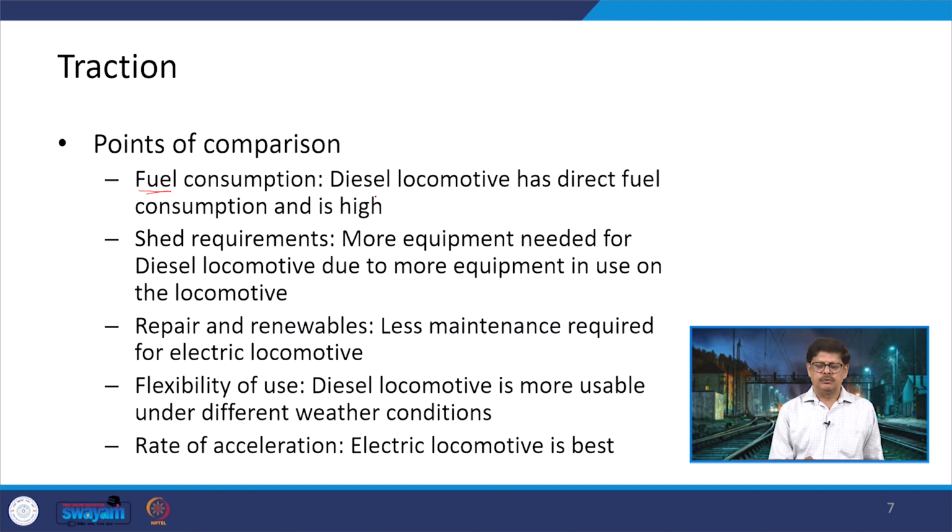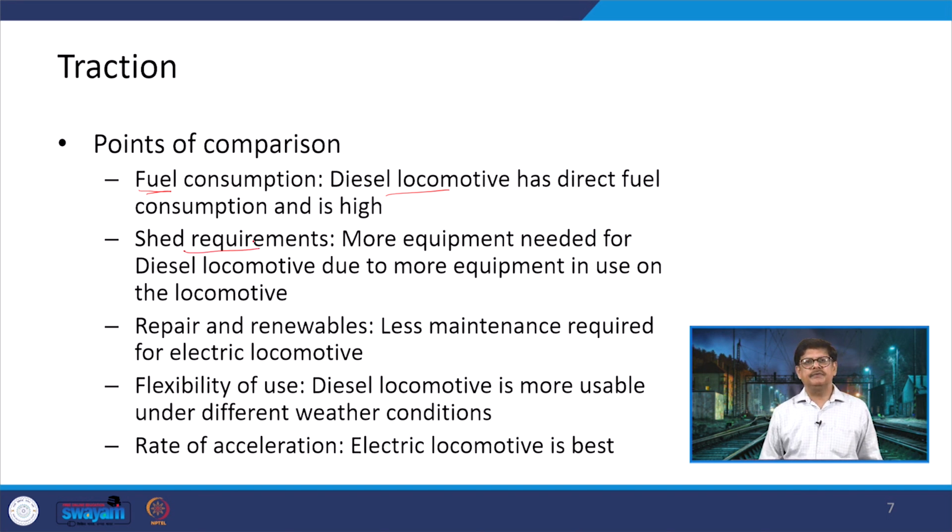Another issue with the diesel locomotive when the fuel consumption is being talked about is that it needs refueling after a certain distance. So, there will be a station where this diesel locomotive will be filled again with diesel, and then it will be moving forward. Shed requirements.